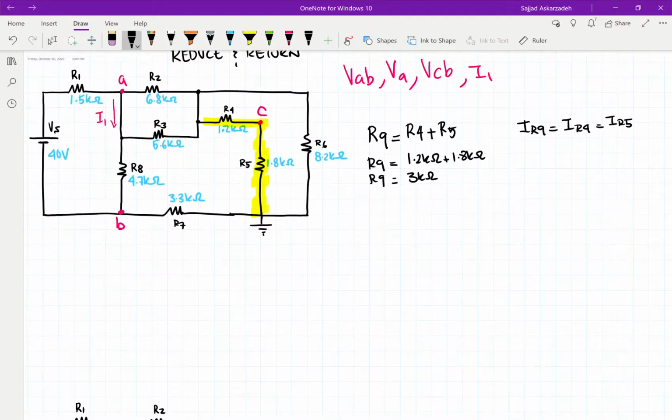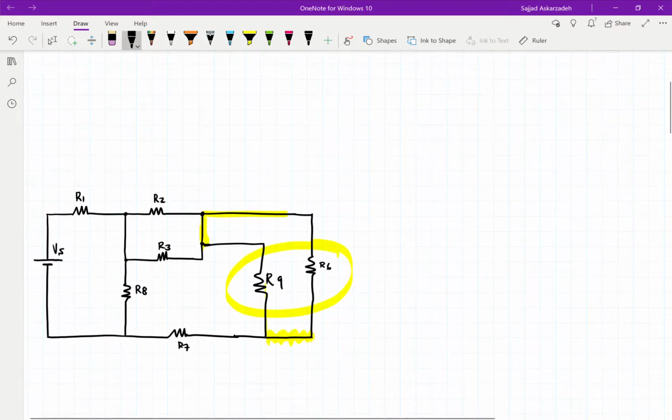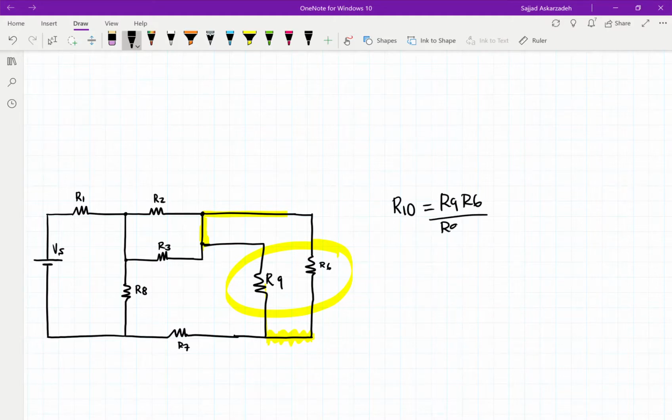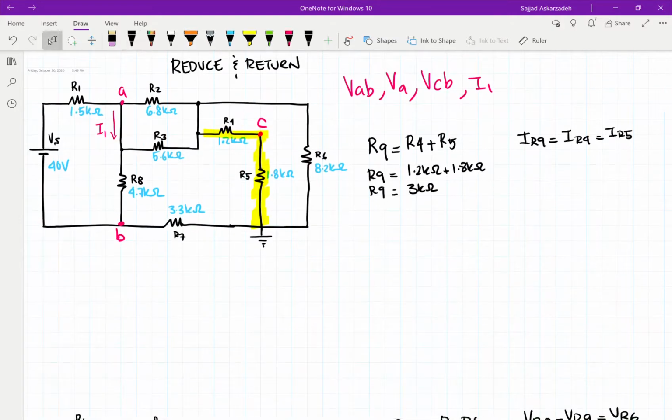Our last resistor was R9, now it's going to be R10, which is R9 multiplied by R6, over R9 plus R6. And we know that the voltage for these two is exactly the same. So VR10 is equal to VR9, and VR6 is also equal to VR9. In a parallel circuit the voltages are the same, but in series, the currents are the same.